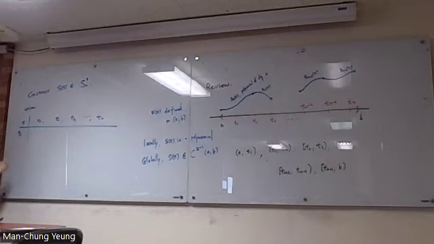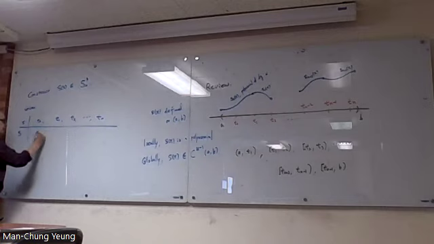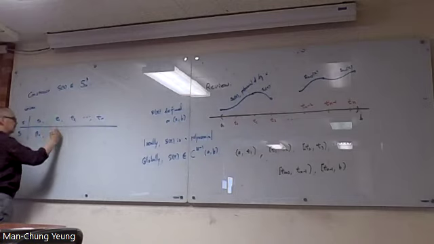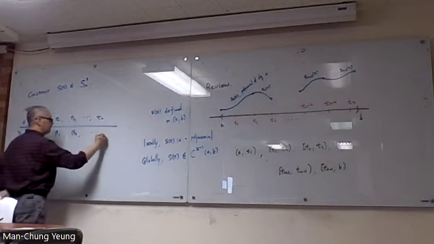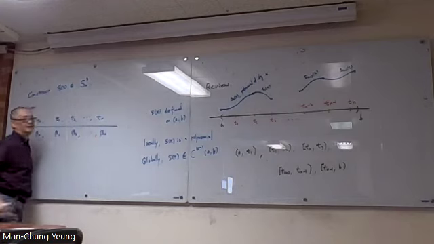The second row is about the cubic spline S: I want S at T0 to be the value beta 0, beta 1, beta 2, and beta n.